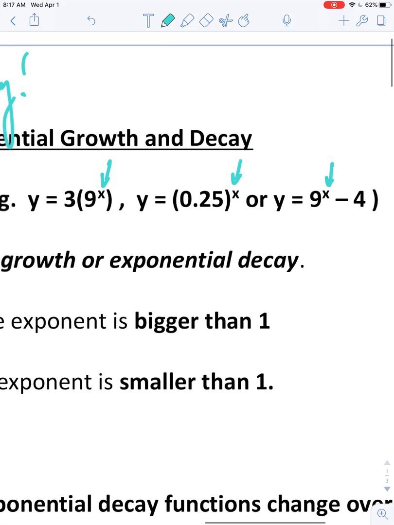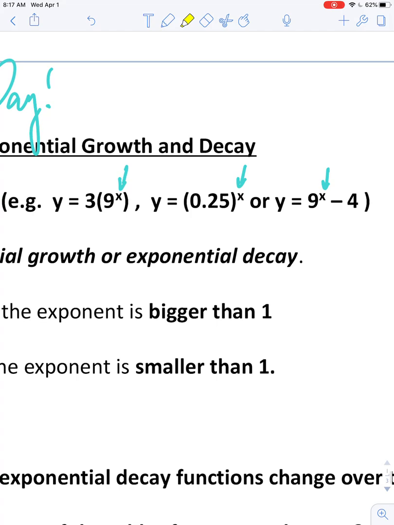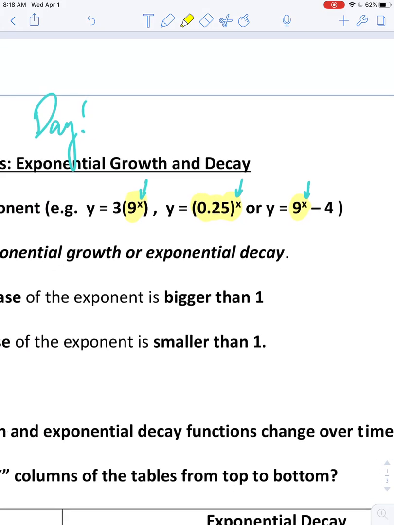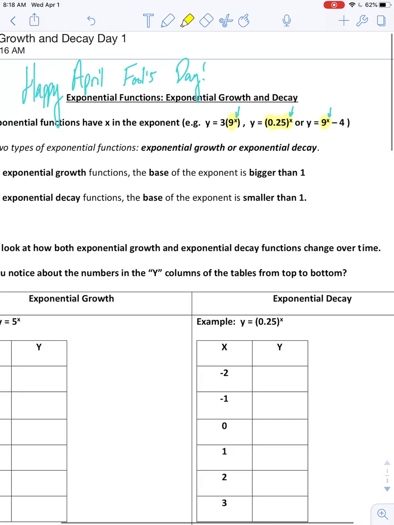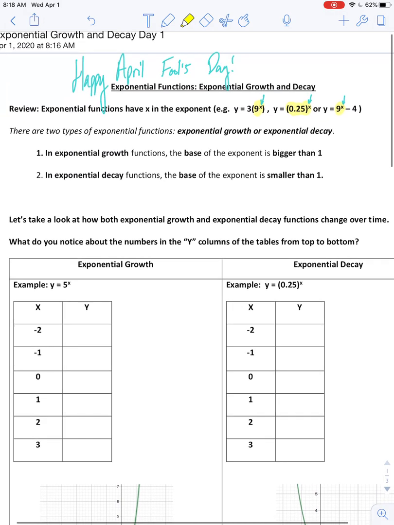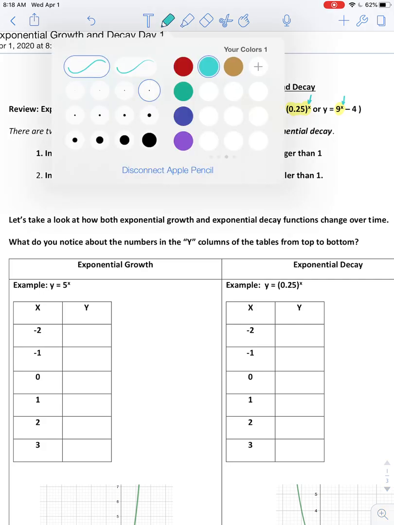Or here I've got 0.25 to the x power, or y equals 9 to the x power minus 4. As long as the main part of that function is showing up, that some number to the x power, as long as that's where my x is in the exponent, then I know that I have an exponential function.